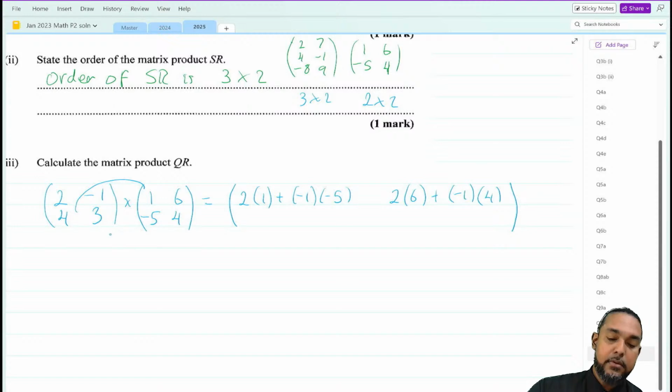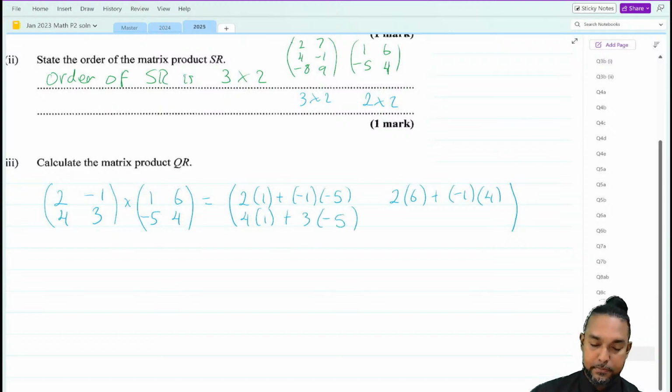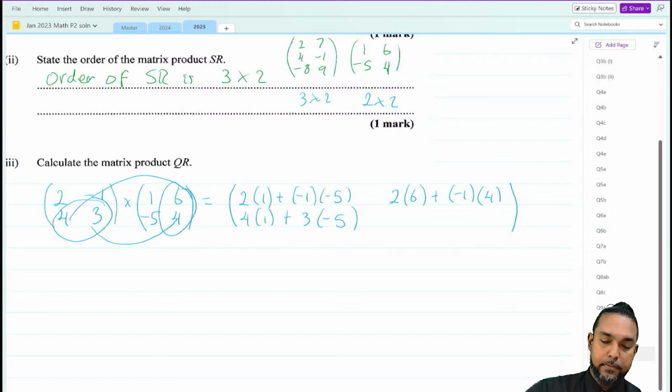So 4 by 1 plus 3 by minus 5. Right, and now let's do that by the second column. So it'll be 4 by 6 and 3 by 4.